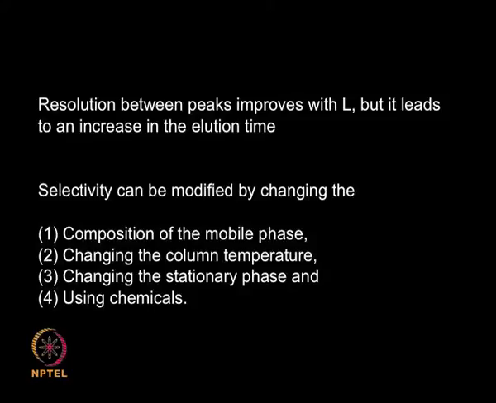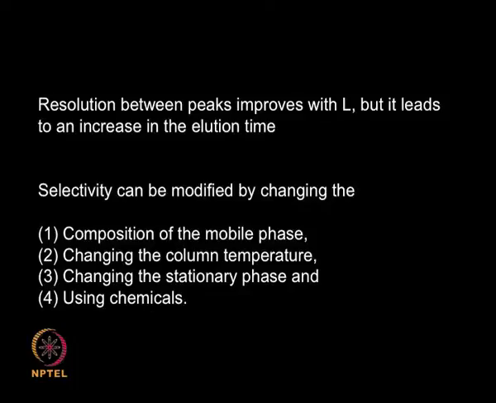Now resolution between peaks improves with the length. So if I have a longer column, I can have better resolution, but then if I am going to have a higher resolution, the elution time is also going to increase. That means the peak will take much longer time to come out. So how do you modify the selectivity?